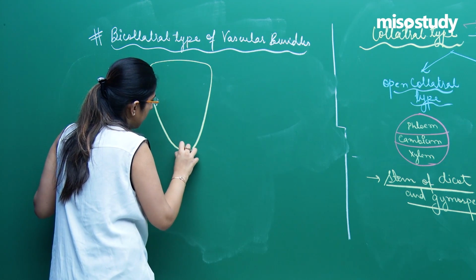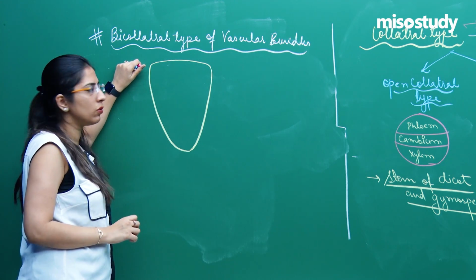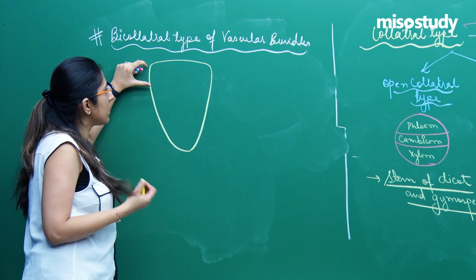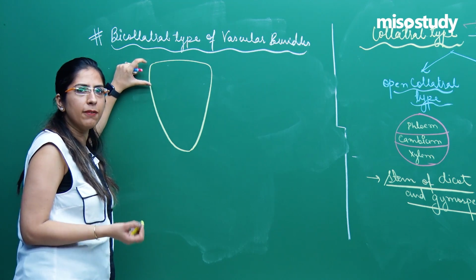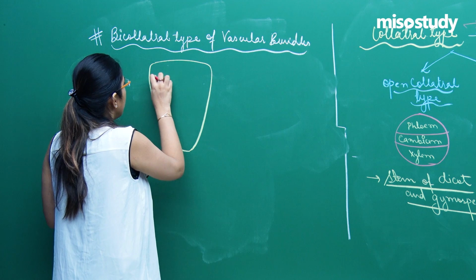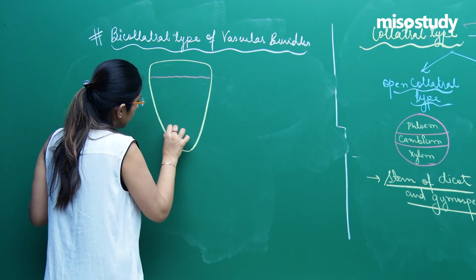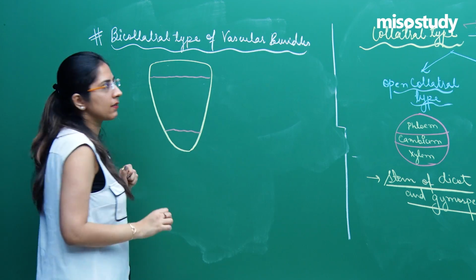Suppose this is a vascular bundle. I have drawn this structure so that you can get to know which is present towards the periphery. Mainly the phloem is present towards the periphery. So we have a phloem present over here. Similarly, the phloem is also present towards this side.